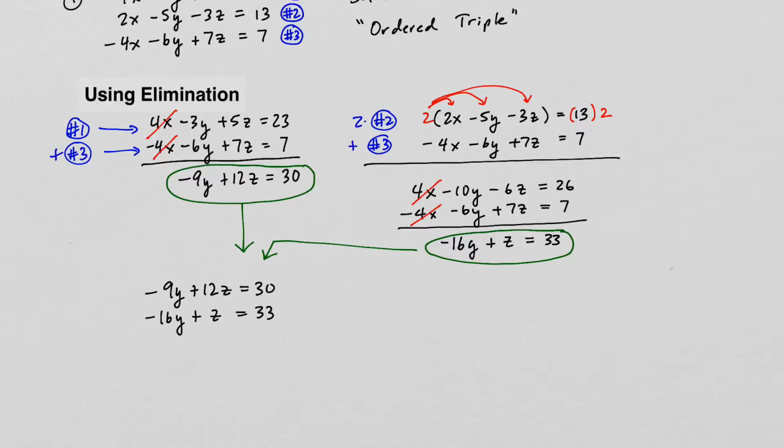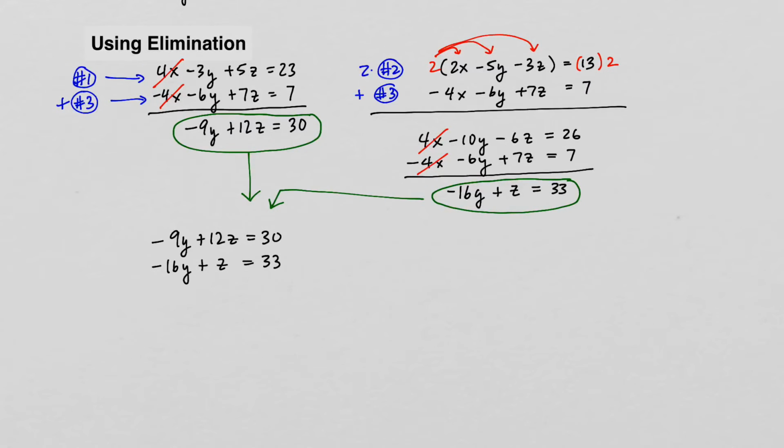Now we can use either substitution or elimination to finish this problem. I think I'll go ahead and stick with elimination because it is already set up for elimination. One note that I want to make here is that in the first equation, since all of these numbers are divisible by 3, you could divide them all by 3 to simplify that equation before moving forward. You don't have to do that, but I actually think it's really advisable.